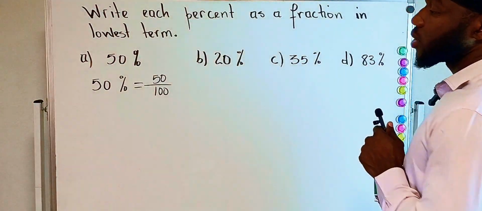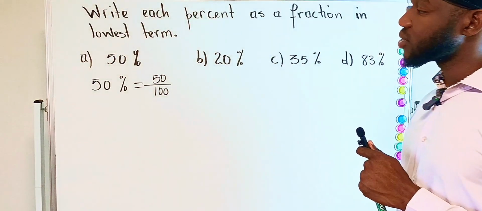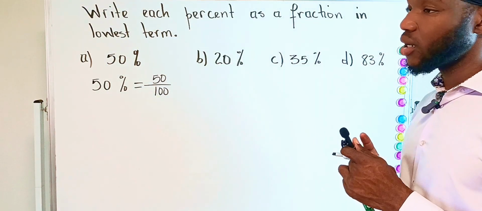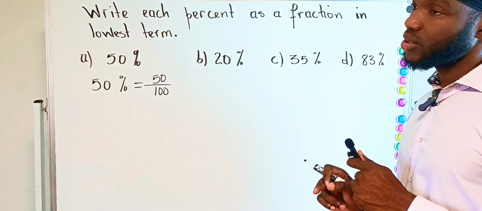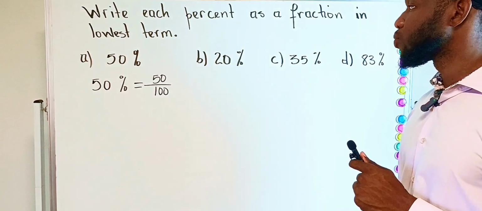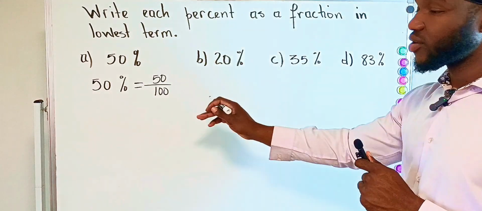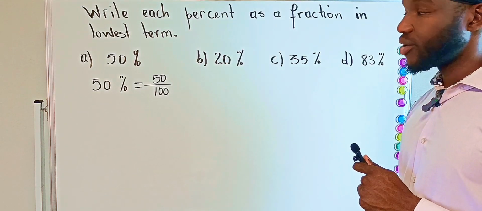Right now we just have to reduce this fraction to its lowest terms. How can we do that? We can divide the numerator and the denominator by the greatest common factor. We can list the factors of 50 and of 100 and find the greatest common factor.